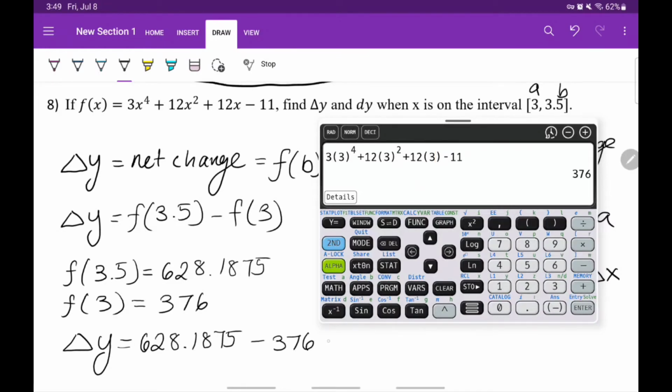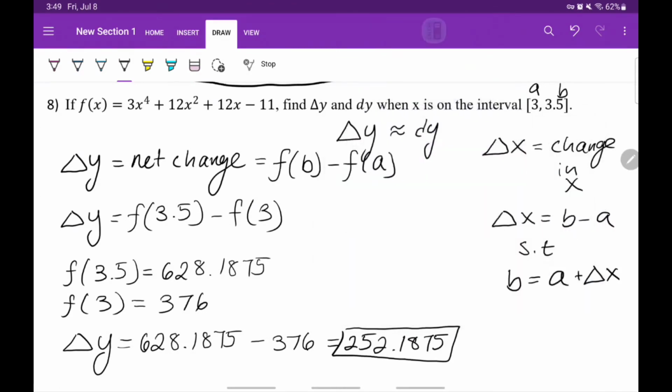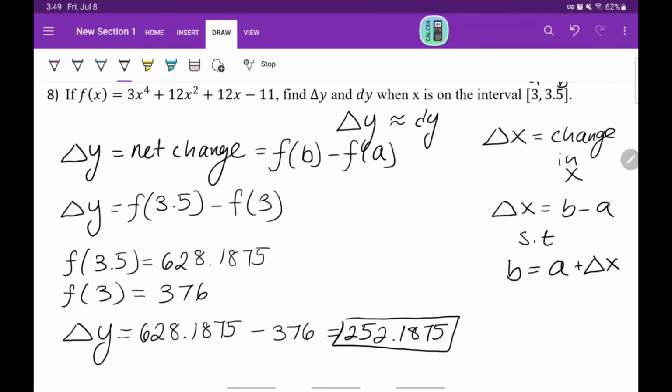And let's calculate that: 252.1875. This is the actual change in the y values.